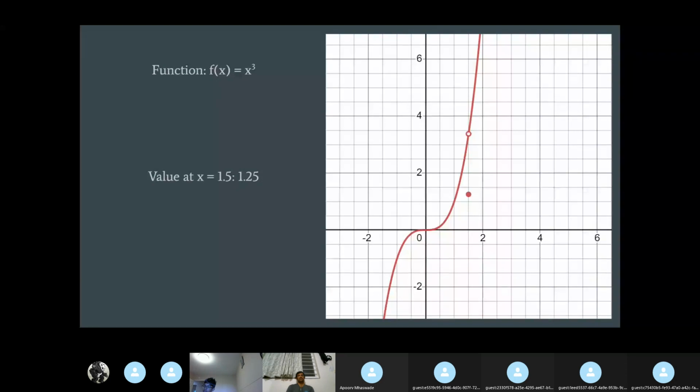But now, what would be the limit of this function as x tends to 1.5? Again, the limit, we're looking for the value the function approaches as x approaches 1.5.